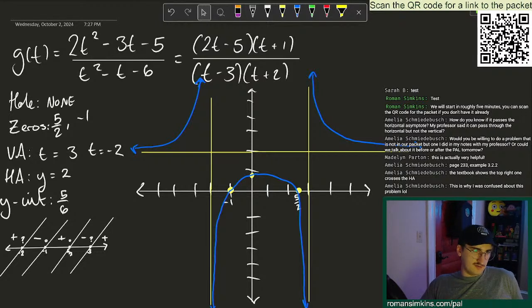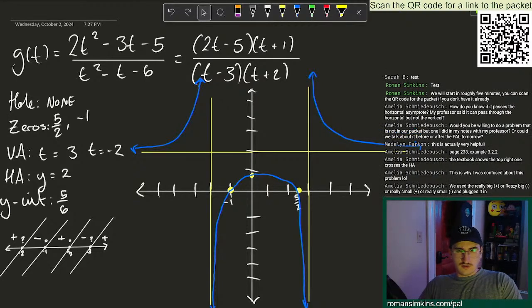So just give me a moment. I'm trying to see. Okay, hold on, I might be getting closer. We use the really big plus, really big minus, really small plus, really small minus, and plugged it in.